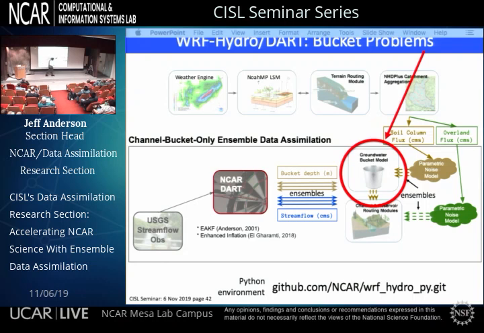It turned out that this revealed some misconceptions about how the bucket was being applied within the model, and clarified some things that required changes in the model. This is an example of how confronting a model with observational data can lead to detection and subsequent improvement of the model capability.